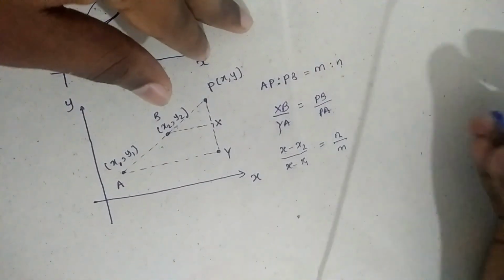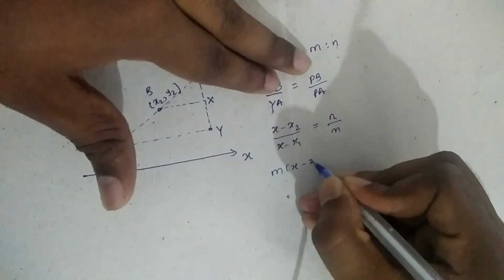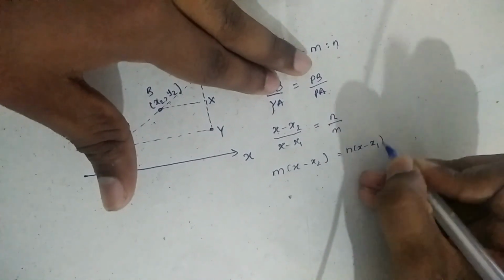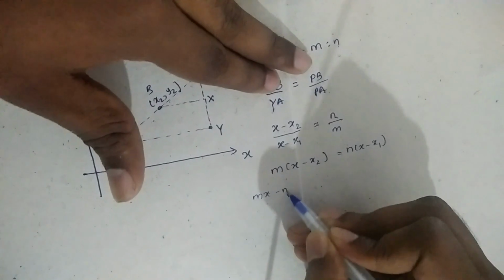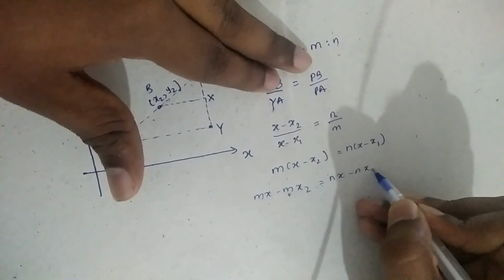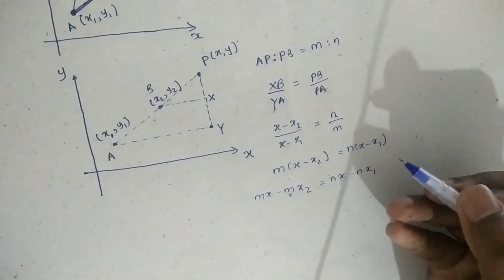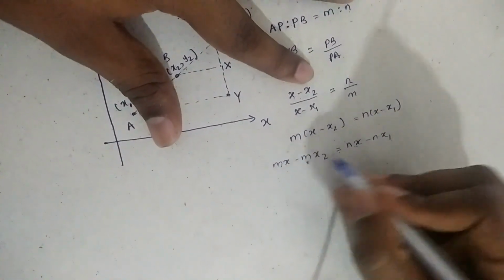Now if you do the cross multiplication and simplify, you're going to have m(x minus x2) equals n(x minus x1). If you expand this, you get mx minus mx2 equals nx minus nx1. We have to make x the subject because x is the point that we need to find. So let's take nx to that side.